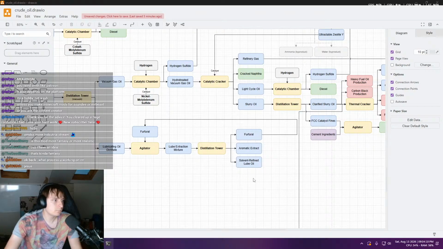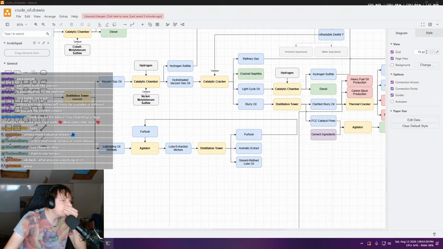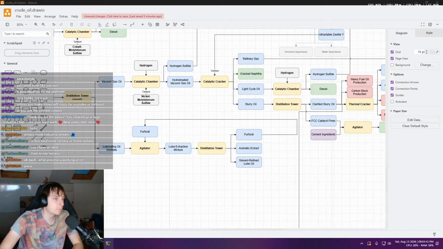So apparently solvent refined lube oil plus something called MEK, which is methyl ethyl keto... What is that? Methyl ethyl ketone.